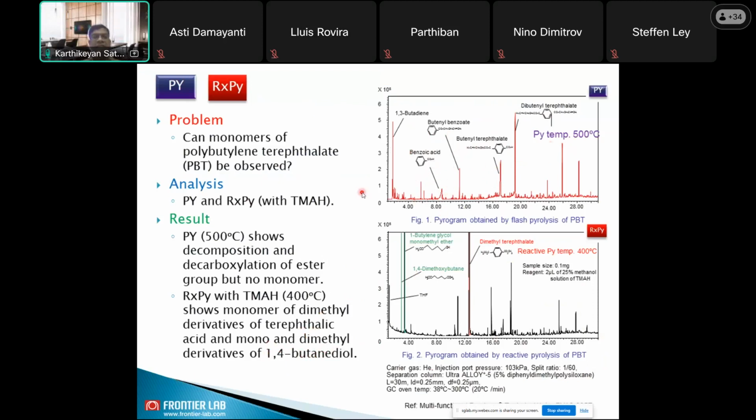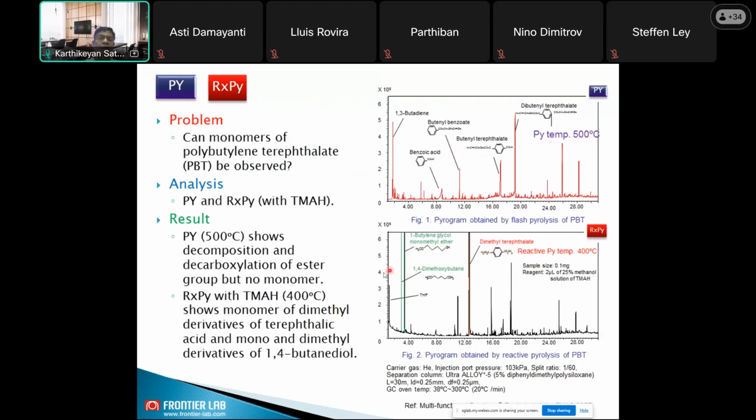In this case, when you carry out the reactive pyrolysis, it provides a smaller number of peaks, but it provides the peaks that we wanted to see to confirm the monomers of the material that we are testing. We can show the presence of terephthalic acid in the form of dimethyl terephthalate.